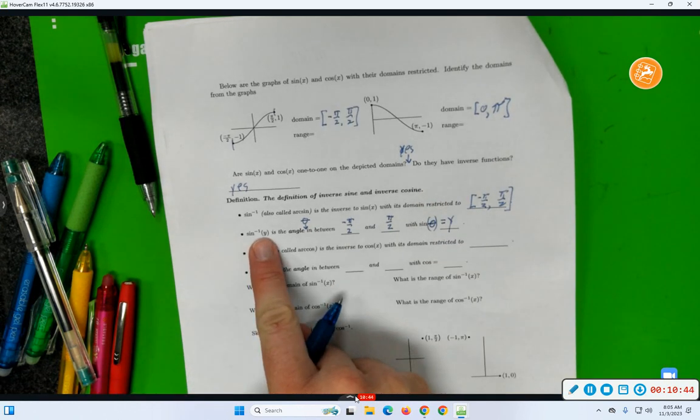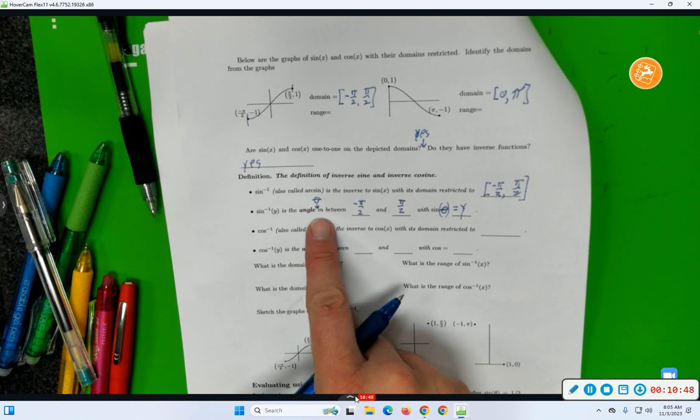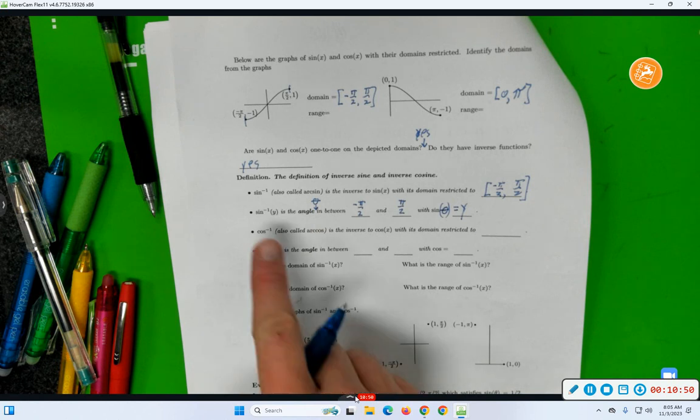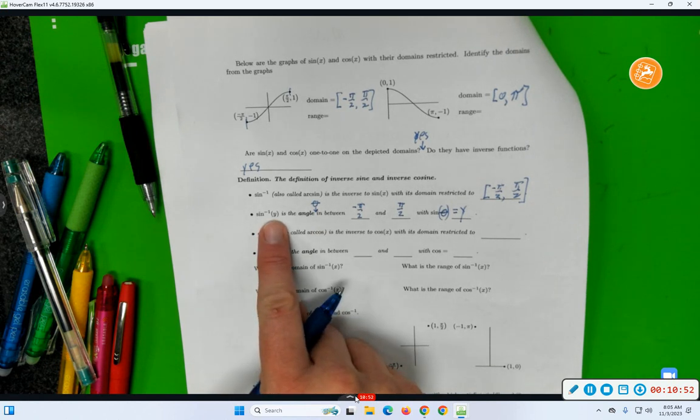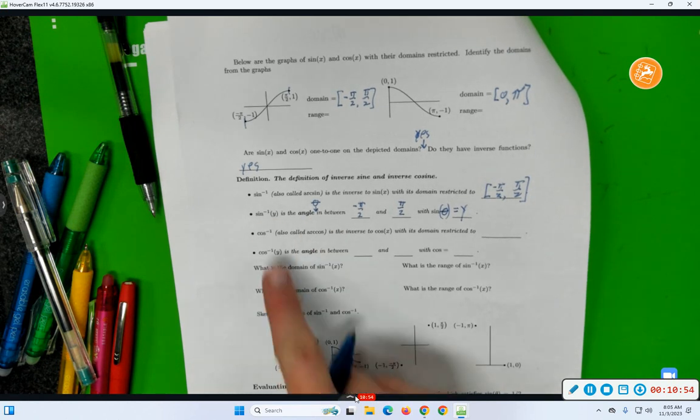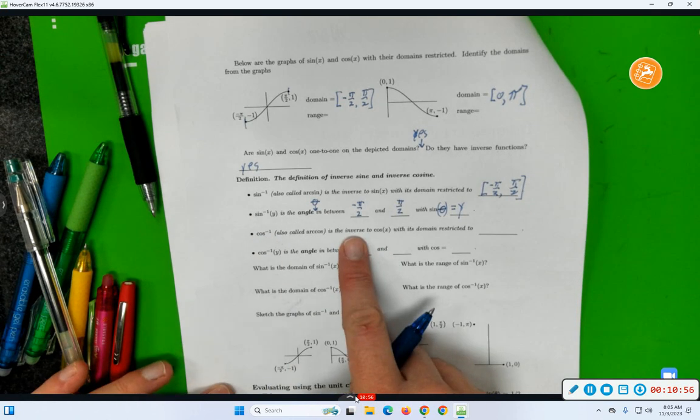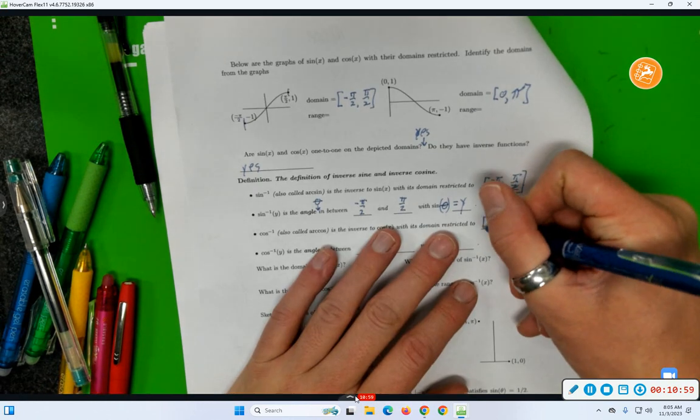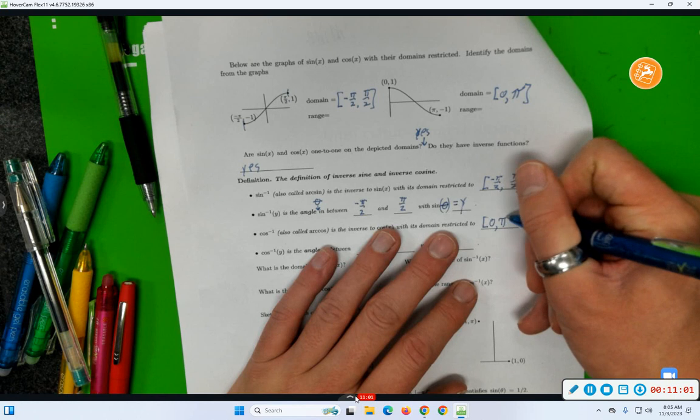So inverse sine of y says, I'll tell you the y value, you tell me the angle. Inverse cosine is the inverse function to cosine after you restrict its domain to be 0 to pi.